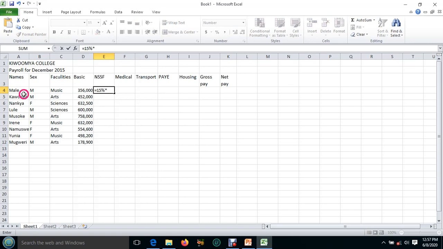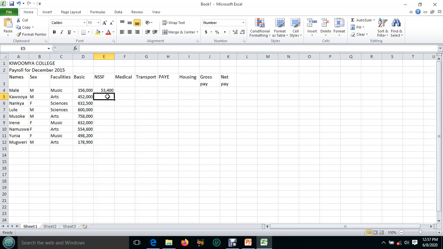The basic for the first person, Male, is 356,000, and we know that we don't deal with the exact value, but we deal with the cell location. So the cell location for this is D4. You can type D4 here, or you simply click on it and press enter.